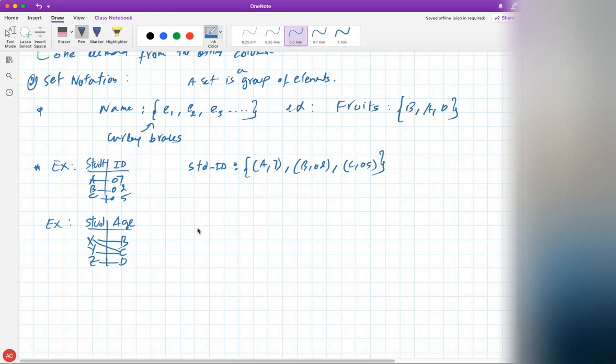So let's write it in set notation and understand it more. We give it another name, students. The name is not that important. It could be anything, but it's better if it's something meaningful.